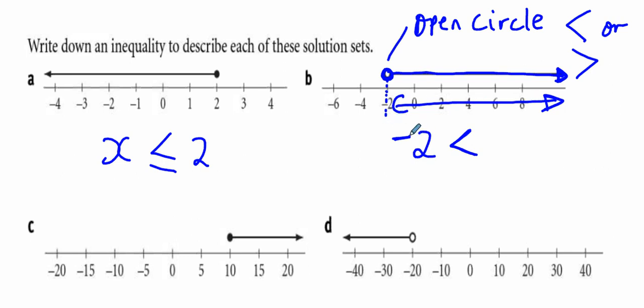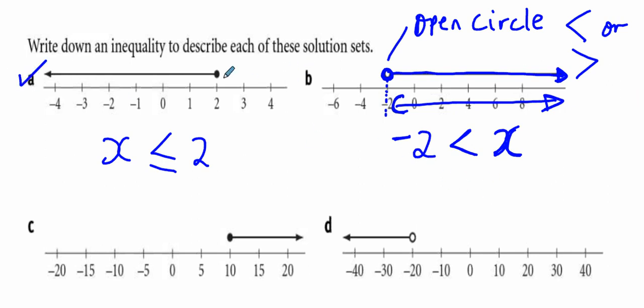So our inequality will be -2 is less than all those numbers I was mentioning. Now, to summarize all those numbers, we use the letter x. So that means -2 is less than x, where x stands for numbers like 0, 2, 4, 6, 8, and so on.